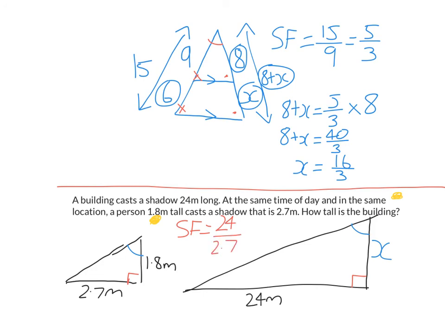And then I just times that by 1.8. I times because I'm finding a side in the larger triangle, and that gives me 16. So therefore, the height of the building is 16 meters.